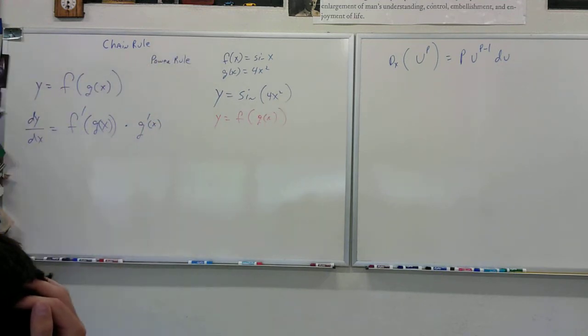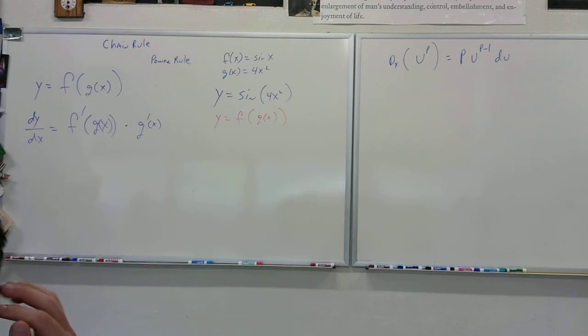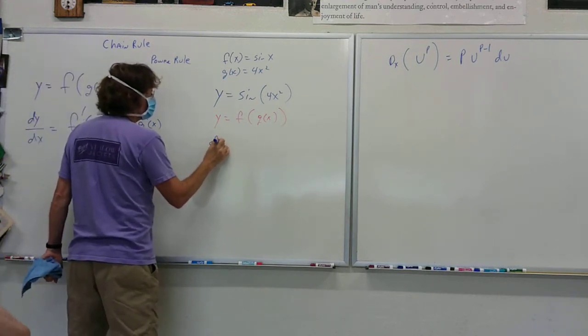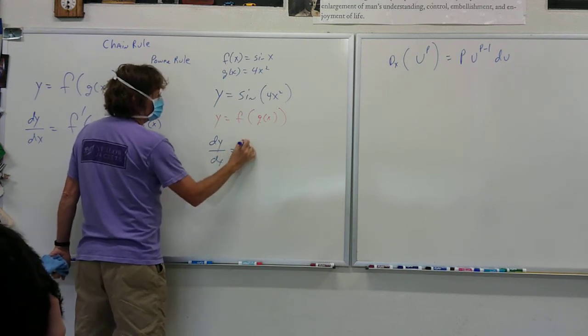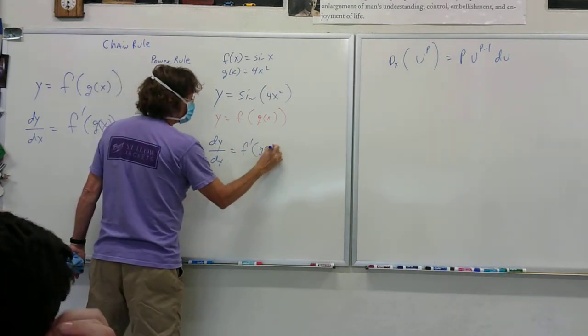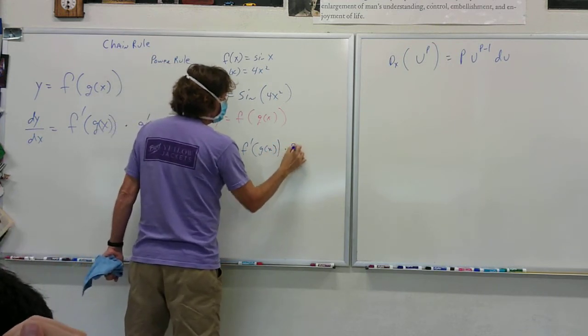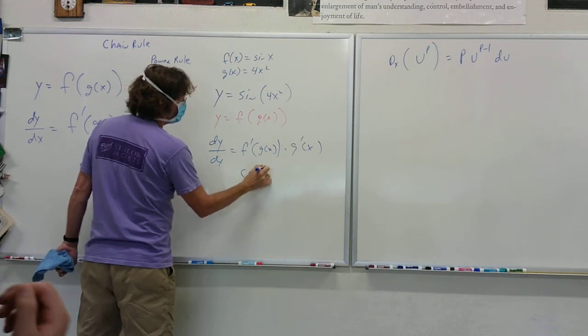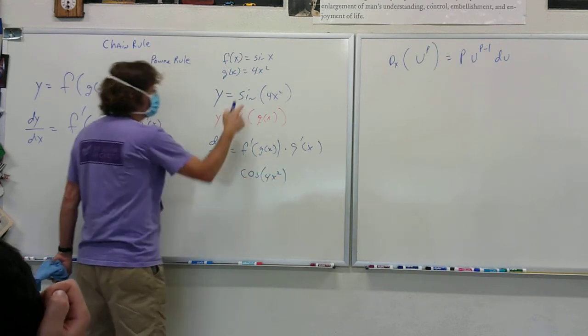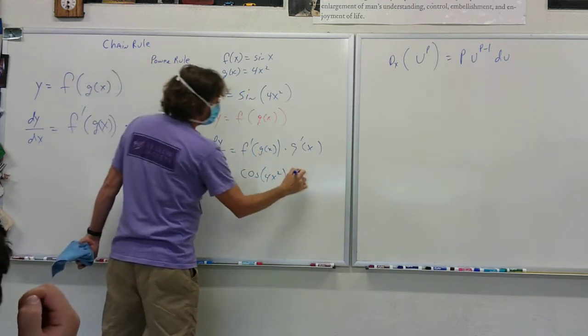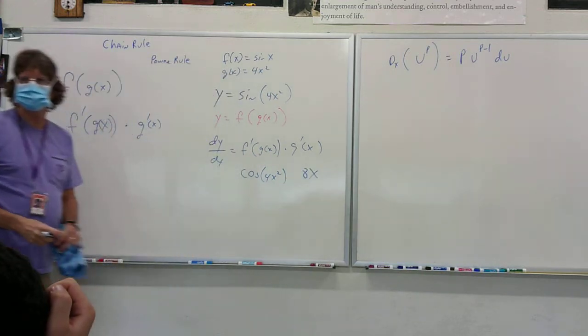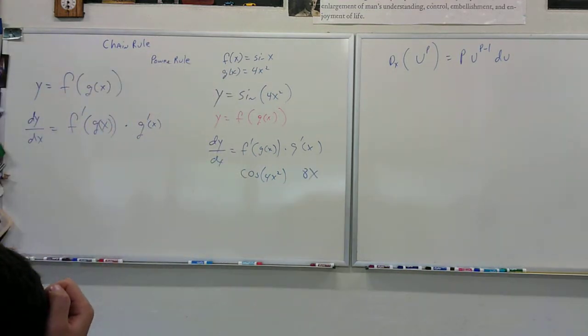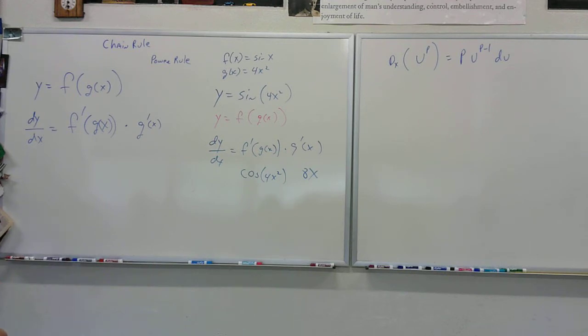I went ahead and taught you the chain rule for trig without even calling it the chain rule. So it would be f prime of g of x times g prime of x. So it would be cosine 4x squared, took the derivative of the sine part, and then 8x out. Is that cool? So you were using the chain rule last week and you didn't even know it.